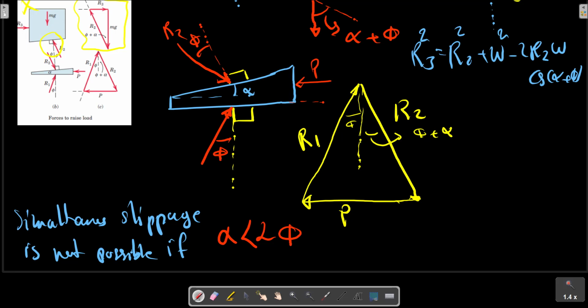You are encouraged to construct additional diagrams for the case where alpha is greater than phi and verify the wedge is self-locking.